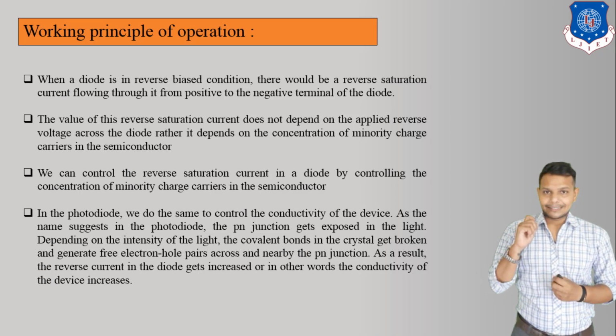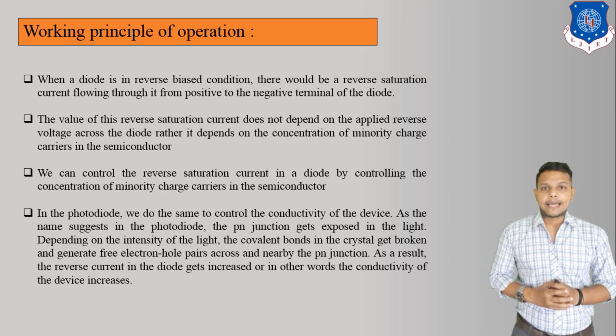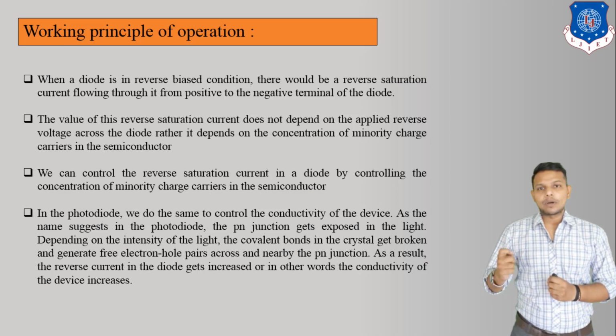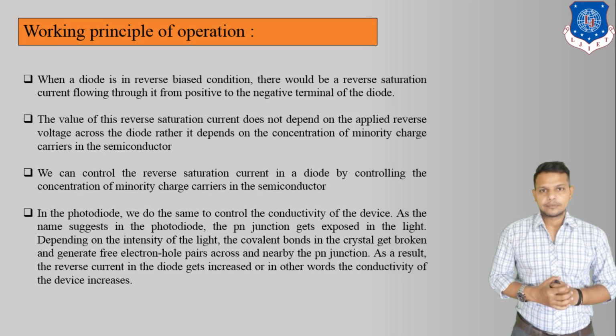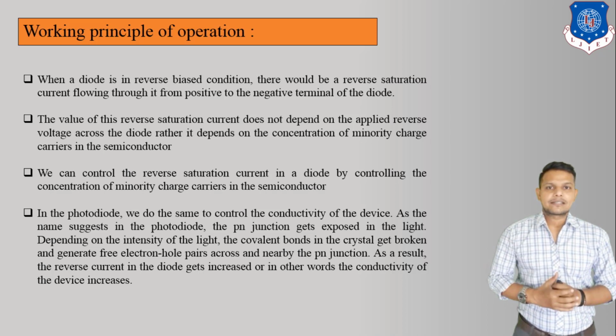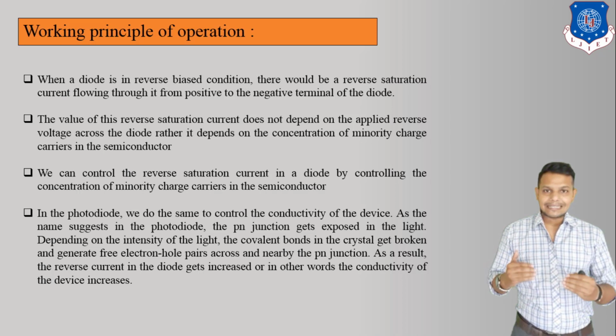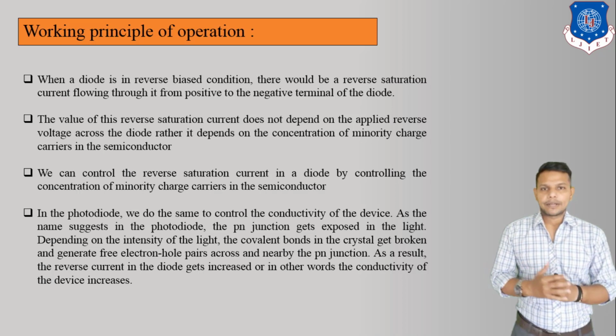If at this particular time light strikes this depletion region, an electron-hole pair is generated. When this electron-hole pair is generated, it moves towards the positive and negative terminals respectively according to its bias. That's why current flows at this time. So like this photodiode is working.